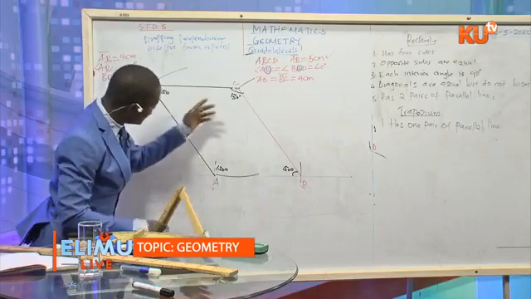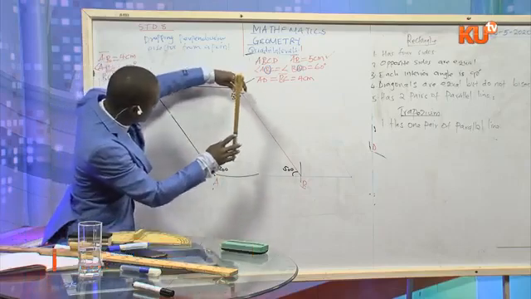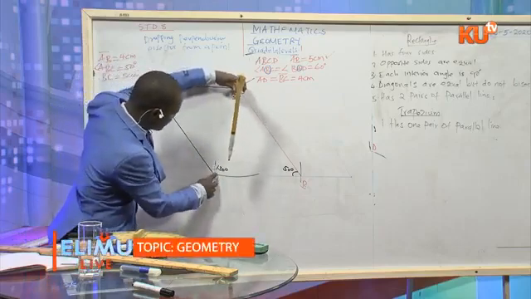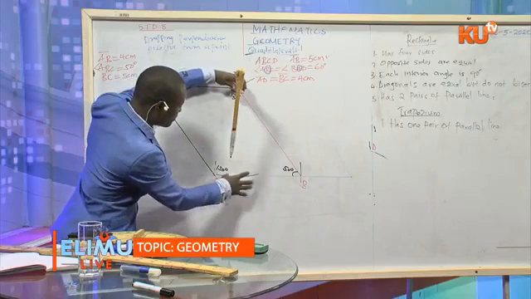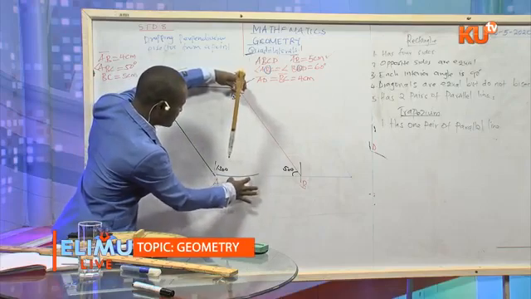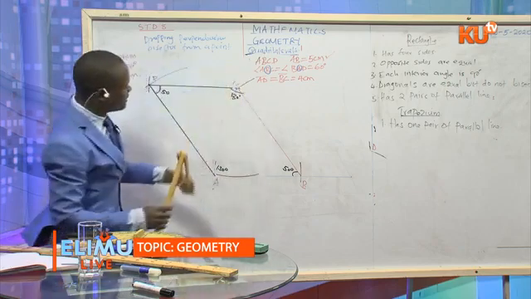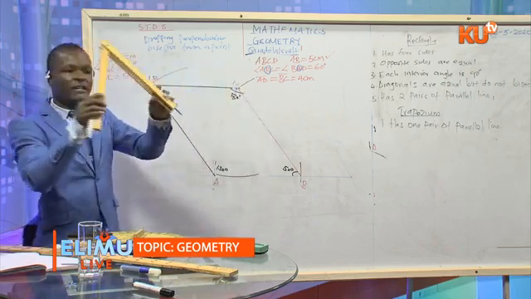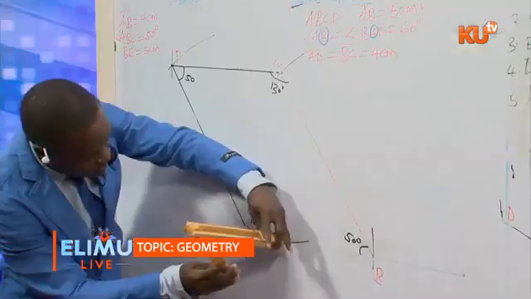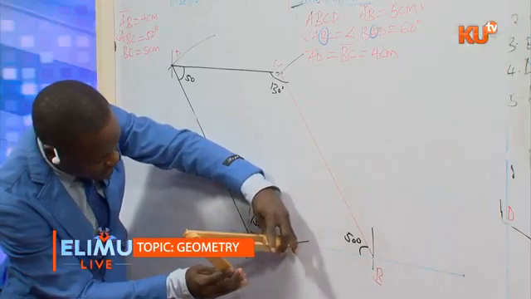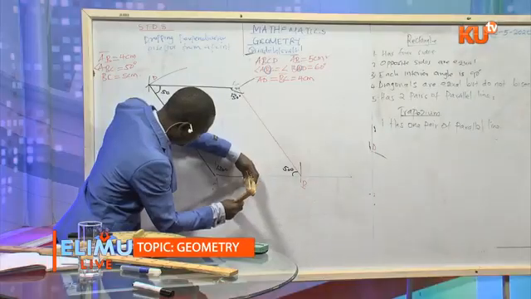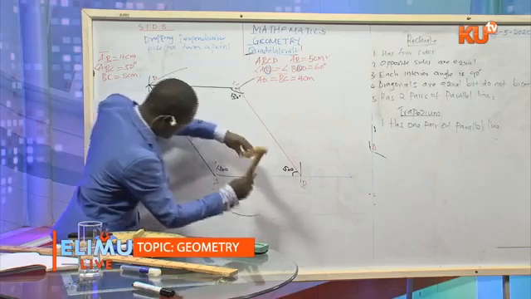Now, after drawing an arc, I've just stood here and drawn an arc that cuts line AB on both sides, there and here. After doing that, you lift your compass, reduce it, stand at where you have the first arc on the other side of the line, then draw an arc above it.